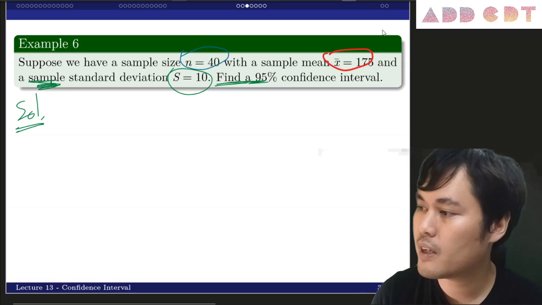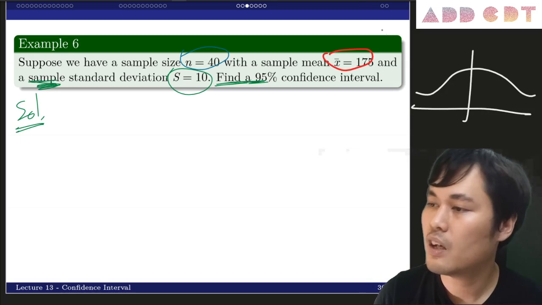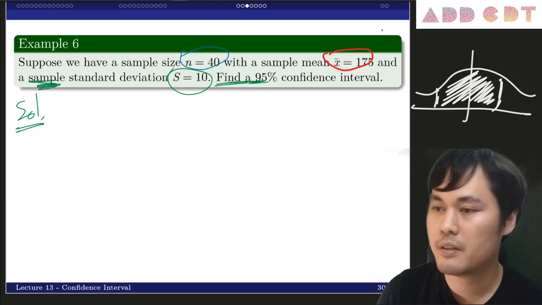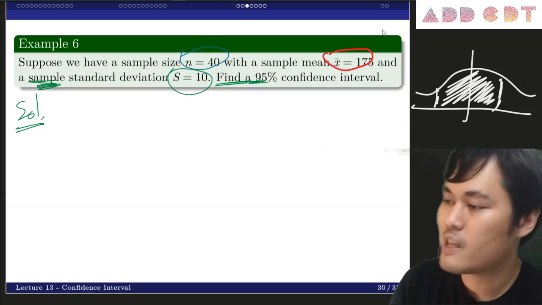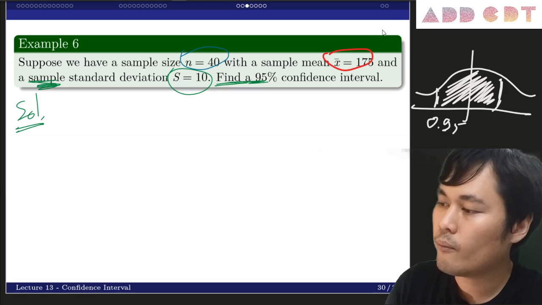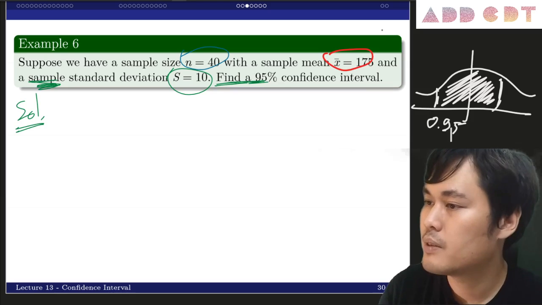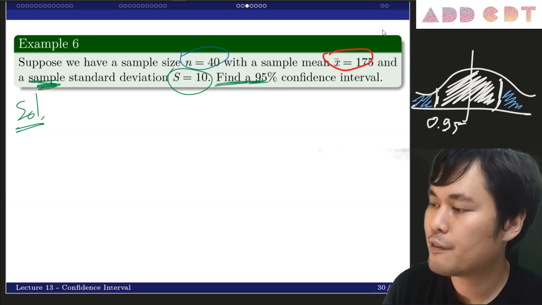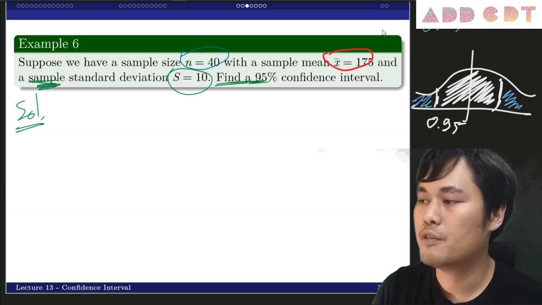Before that, let's talk a bit about the curve. We want to be 95% confident, we want to be correct 95% of the time. We want the area to be 0.95. That means the rest of the graph has to be 0.05.